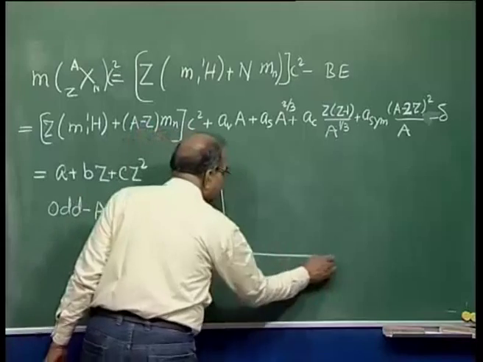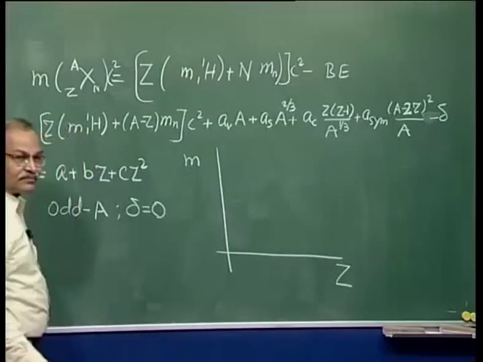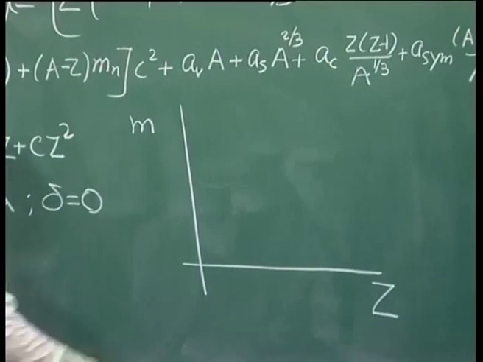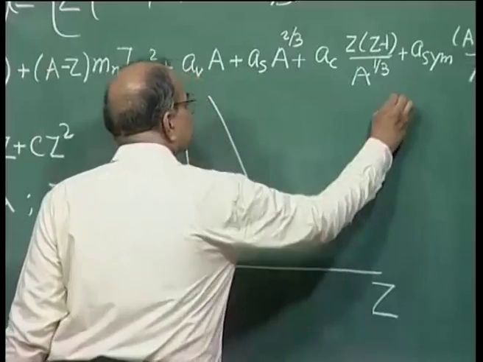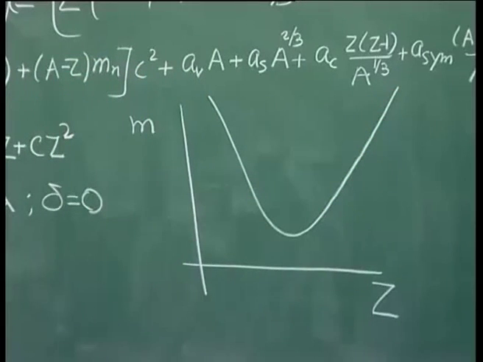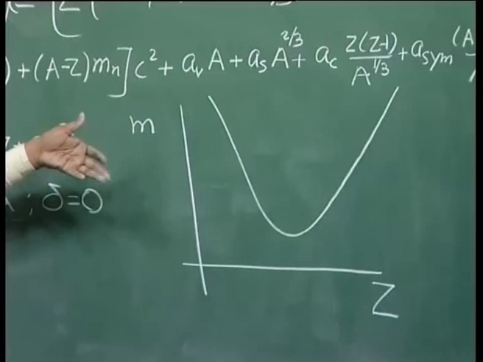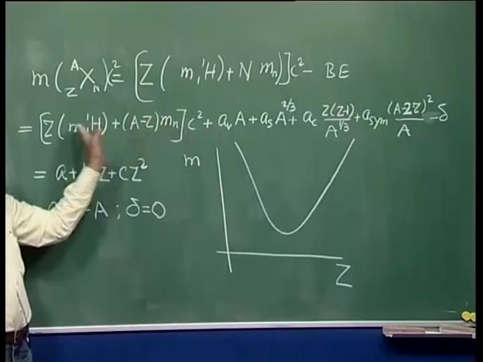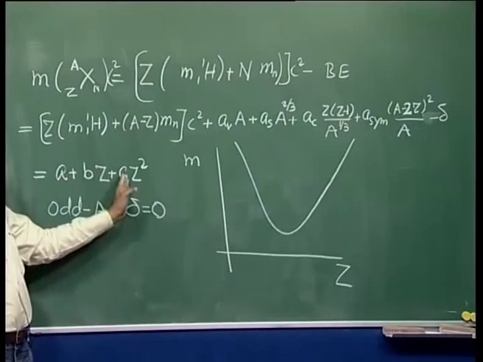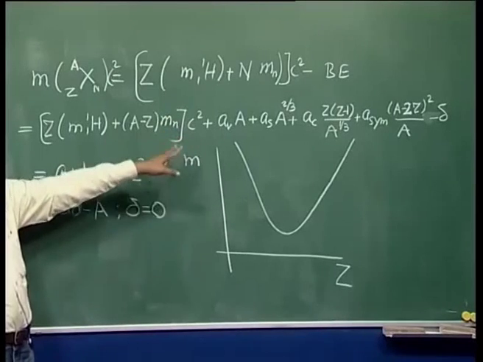And this parabola, Z this side and mass this side, will be something of this sort. This is the shape of a parabola. Of course, the parabola can be in different orientations, but this particular one, where you have all those values A, B, C, comes out to be something like this.